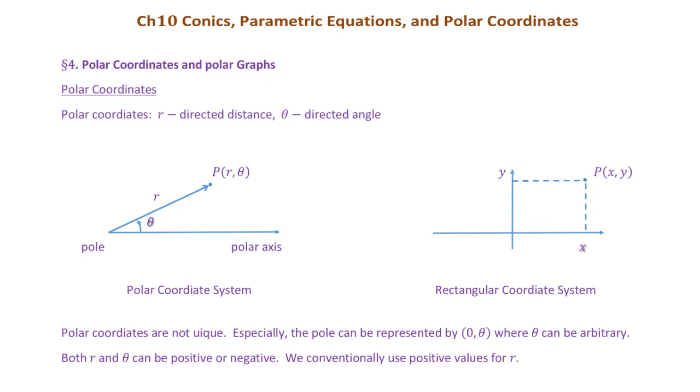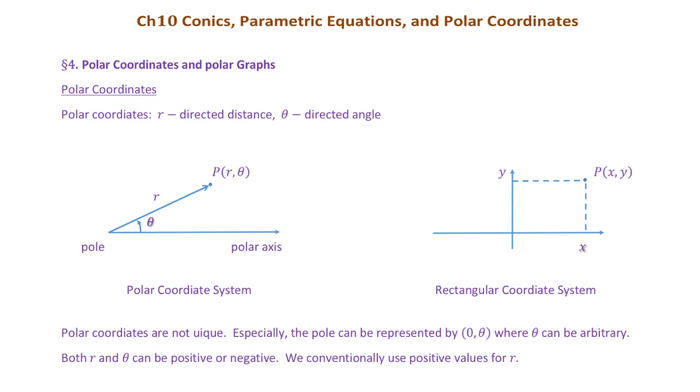So basically, for any point on a plane, we need two coordinates, because a plane is two-dimensional. We can use x and y as we always did, but we can also use two other coordinates.